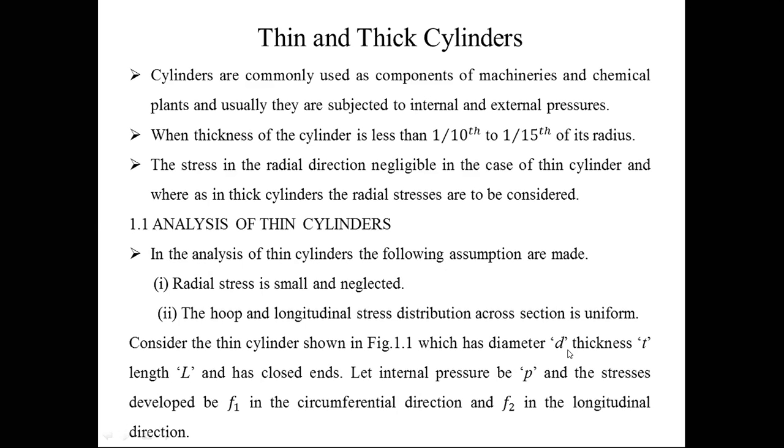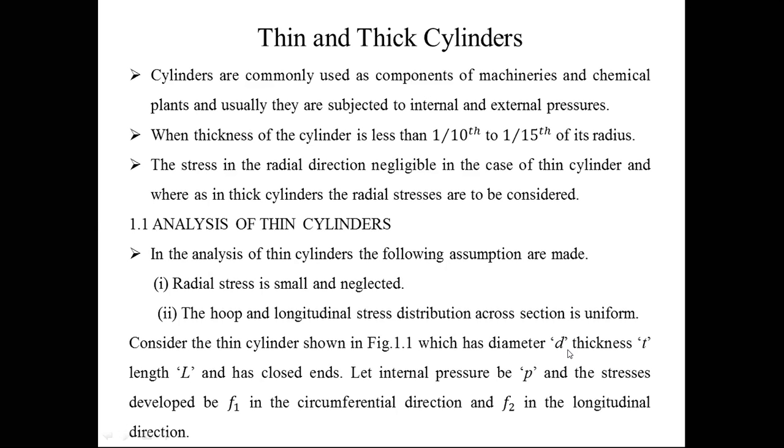When the fluid pressure is admitted into the cylinder, two types of stresses will develop. In the circumferential direction is f1, called hoop stress. This stress acts on the diametral section. That's why it's called circumferential stress or hoop stress, denoted by f1.